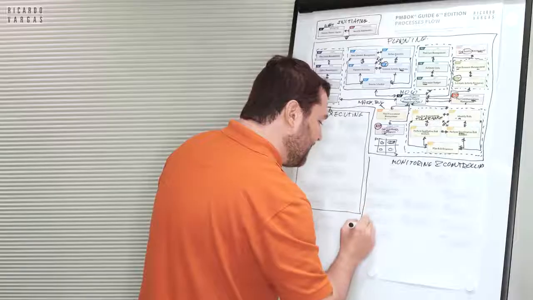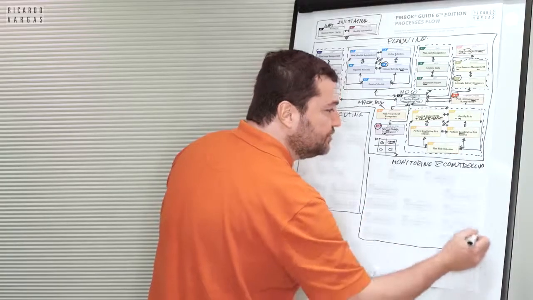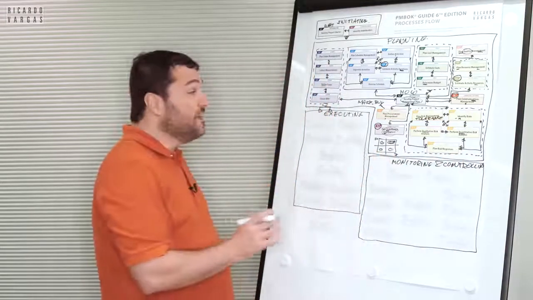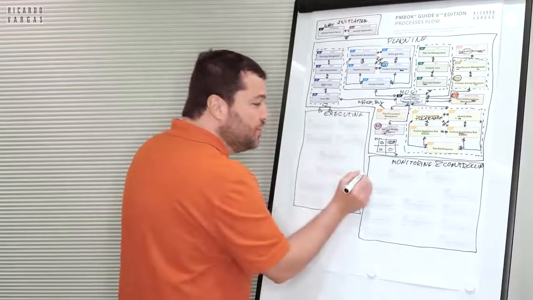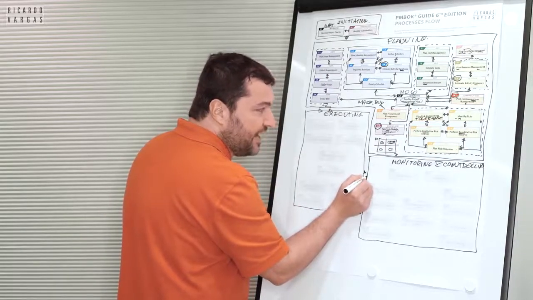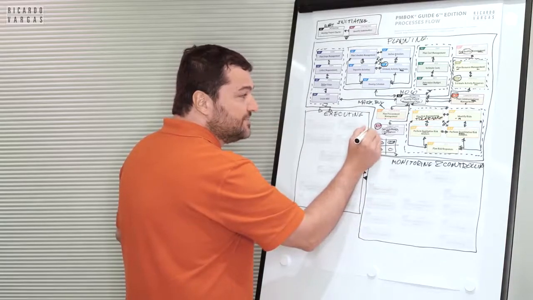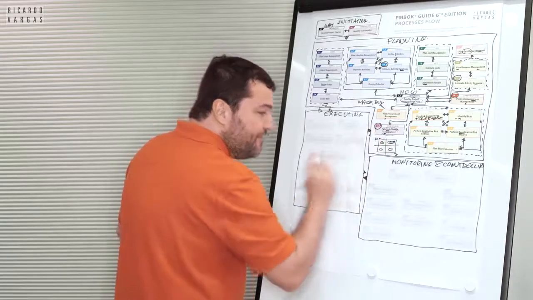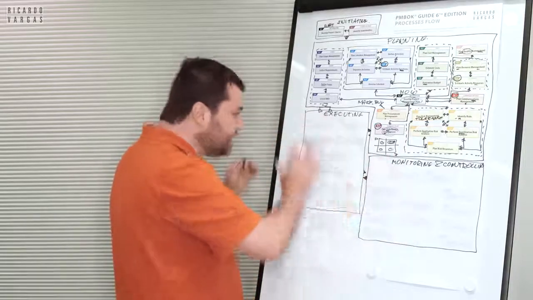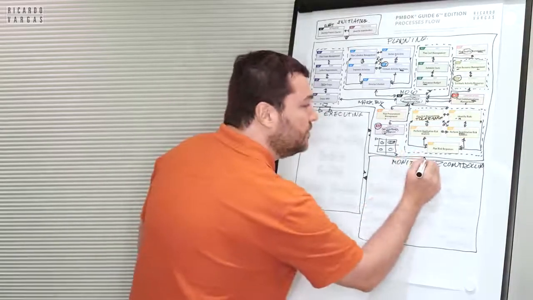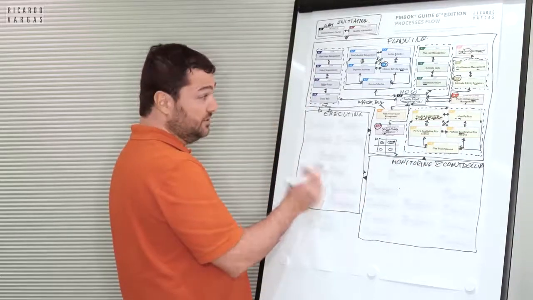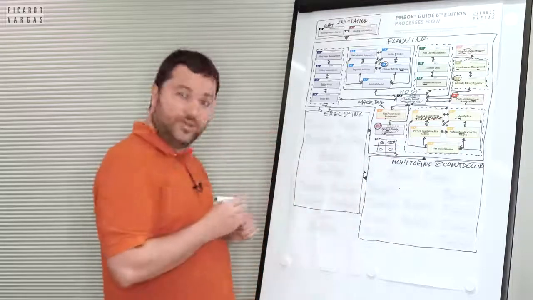Why did I want to highlight these two processes at the same time? Because they work together. You don't execute everything to check if everything is fine. So you execute and you check, everything is fine, then you may replan, look at this arrow, you may re-execute. It's a very, very fluid process.